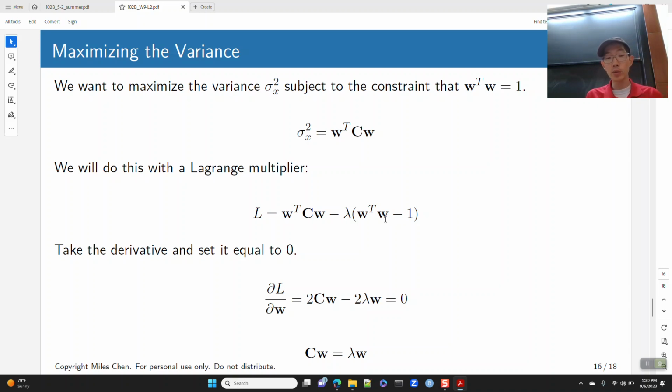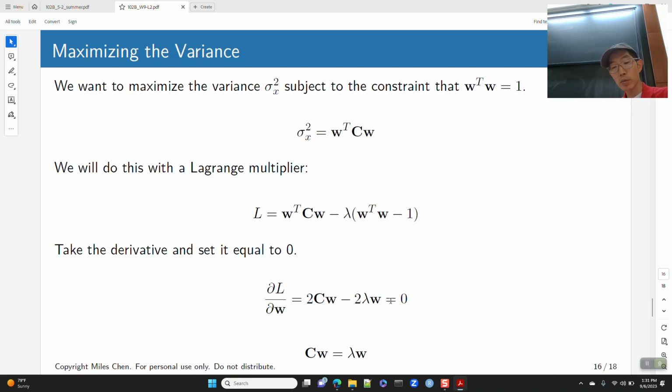And now I want to maximize this, so I'm going to take the derivative of this with respect to w, and set it equal to 0. When I take the gradient of our quantity with respect to w, w transpose Cw becomes 2Cw, and then lambda w transpose w becomes negative 2 lambda w, right?